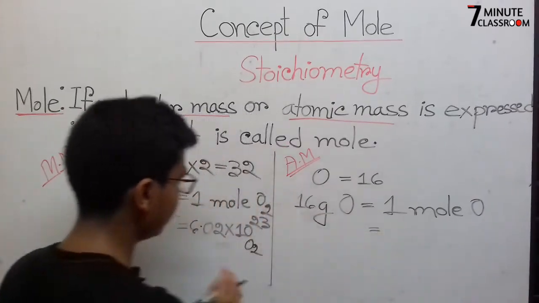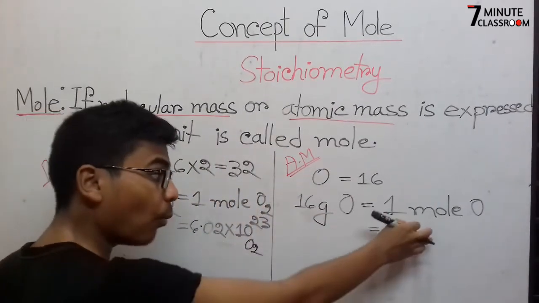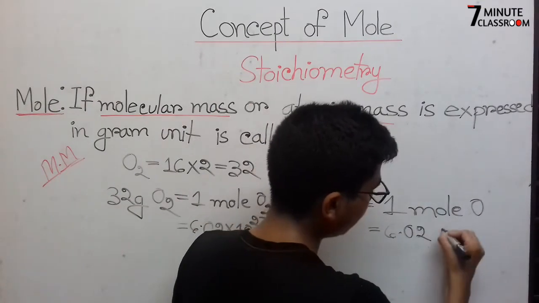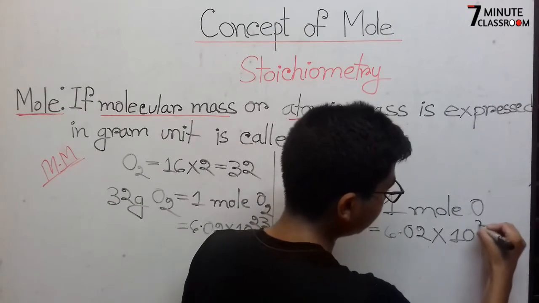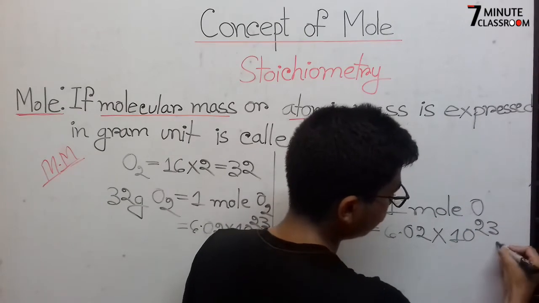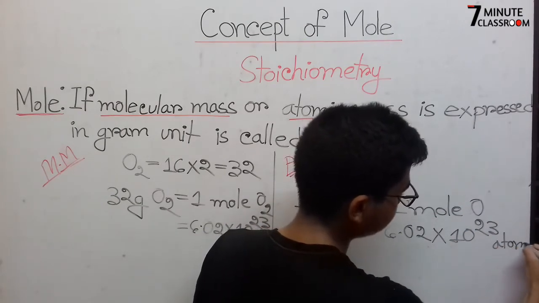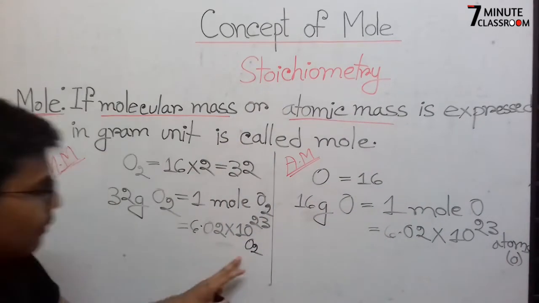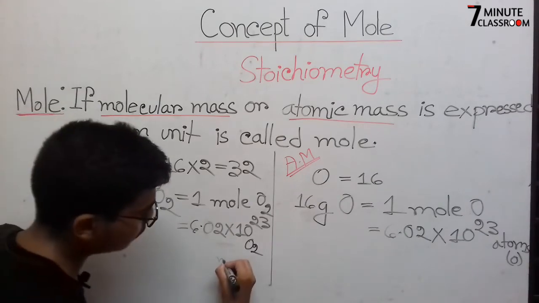And we know 1 mole equals 6.02 into 10 to the power 23 atoms, oxygen atoms, and here it will be O2 molecules.